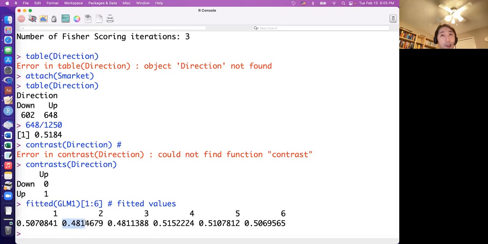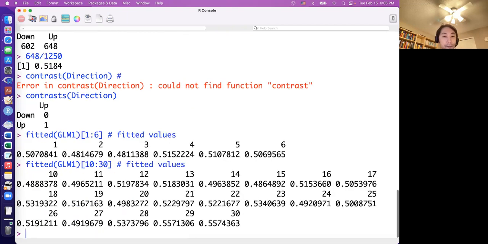Day 2, maybe January 3rd, the stock market is up with 48% probability. That is pretty low. And maybe actually there are no significant days with a strong predicted up. If we look at 30 days, maybe we have some good days, 29th day and 30th day, maybe like February 10th or 15th.